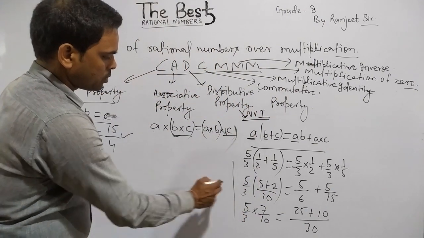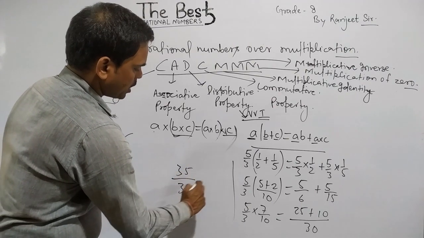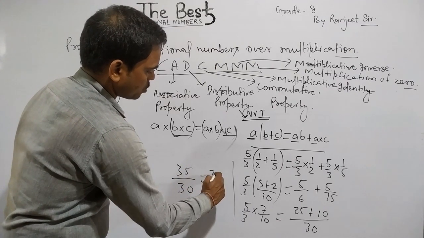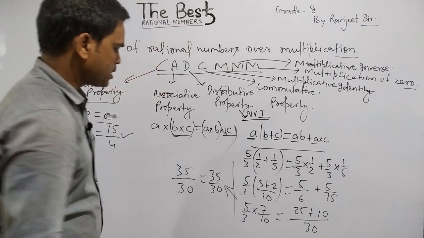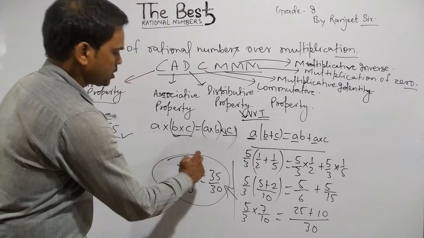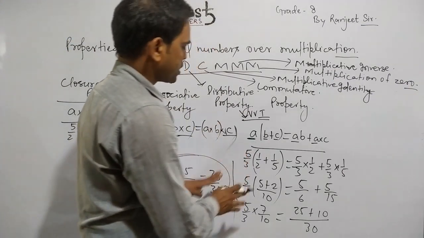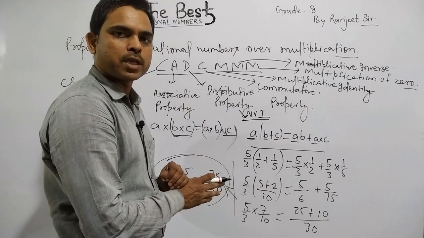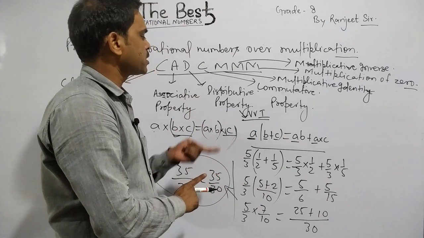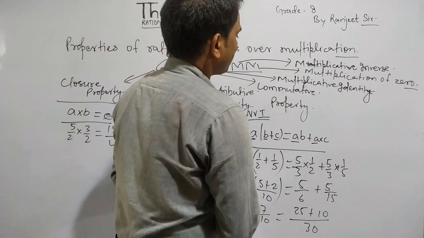So I do it here, 5 7s are 35 by 30, and the other side it is also coming 35 by 30. So this is distributive property over multiplication. So this is done. Once again I am telling you, this property is really very important, so you give 100% in understanding distributive property.